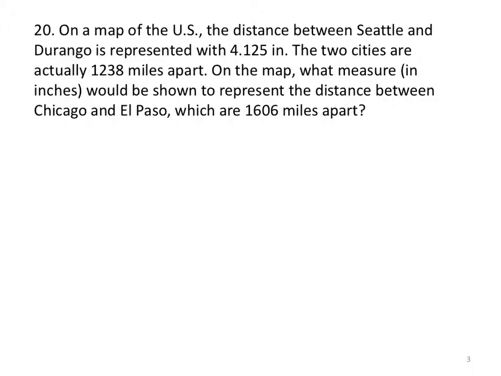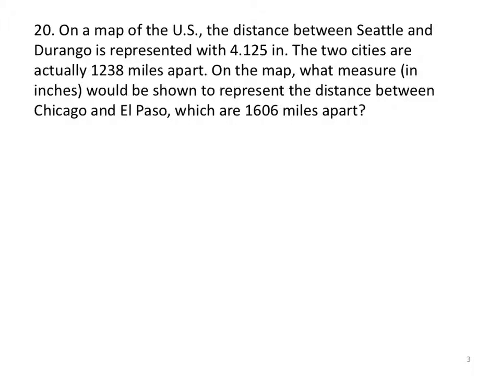This is a problem of converting distances from what you see on a map to their actual distances. And so the way we do this is we use proportions. So on a map of the U.S., the distance between Seattle and Durango is represented with 4.125 inches.